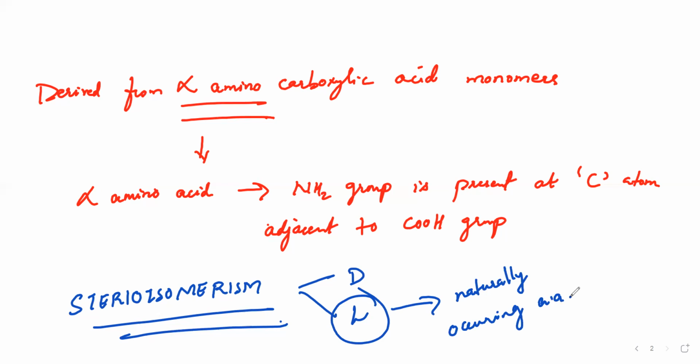Depending upon this only, that is the NH2 group and the COOH group. Now, obviously, whenever a polypeptide chain is to be formed, there should be some kind of proton loss and gain. There is one very important term, which is called zwitterion.